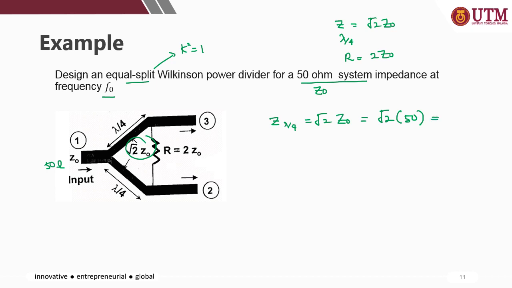Meanwhile, the resistor R equals 2 Z0, equal to 2 times 50 ohm.